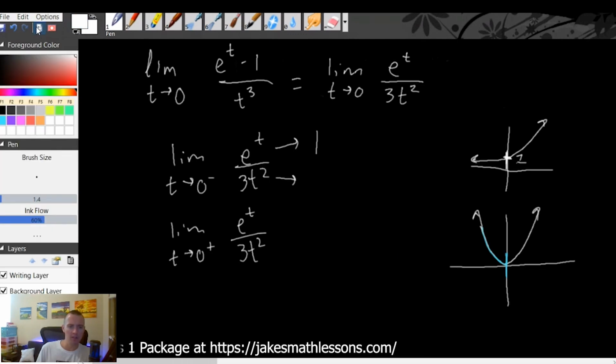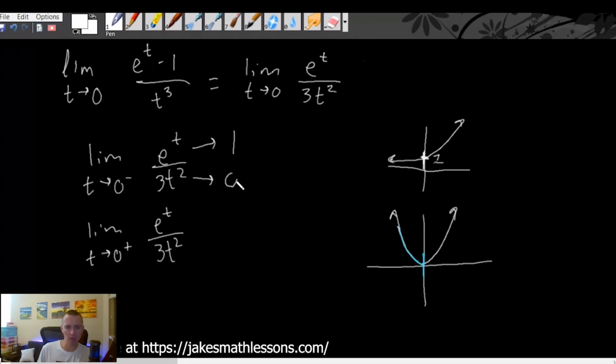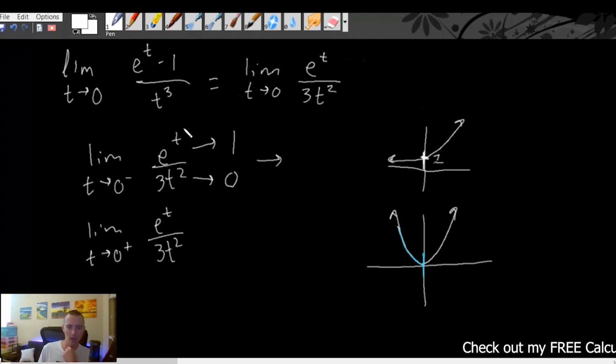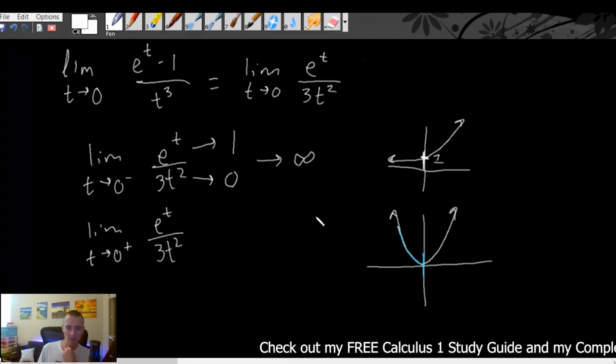So this denominator also is getting closer and closer to 0. Basically, if our numerator is getting closer and closer to a constant positive number, and our denominator is getting closer and closer to 0, what that means is the fraction as a whole, e to the t divided by this number that's getting closer and closer to 0, is going to approach positive infinity.